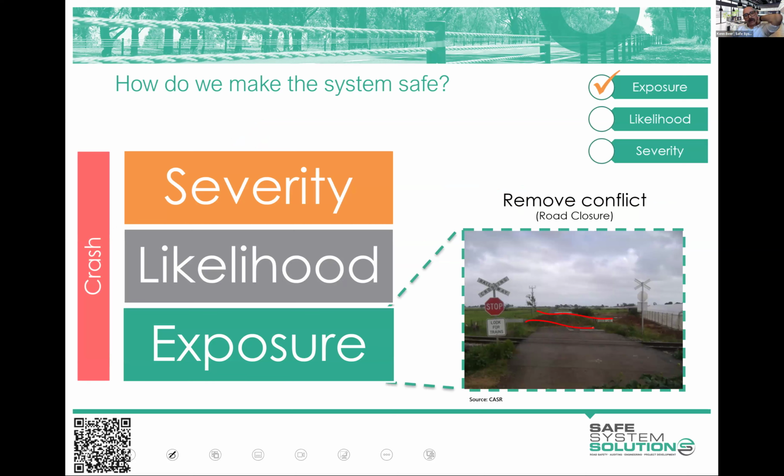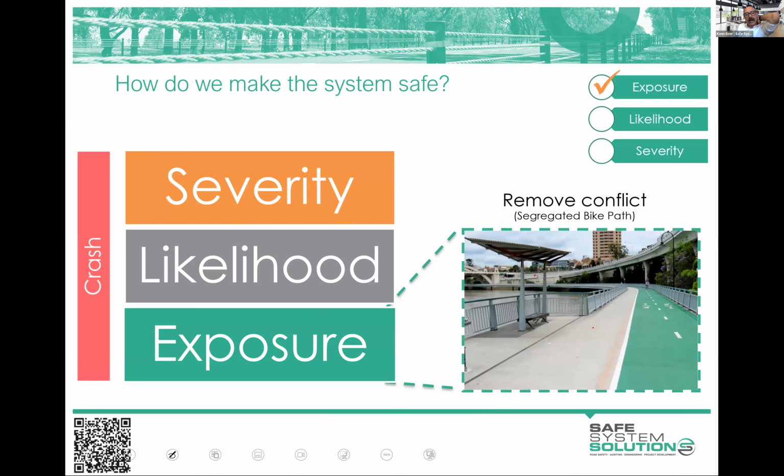That would influence the exposure because zero is the number that is now exposed to that. But also segregation, taking one road user group, the vulnerable road user group, and separating it from the vehicle traffic, means they're no longer exposed.